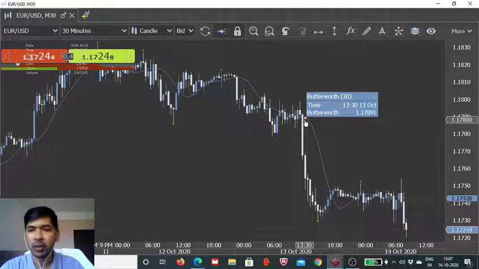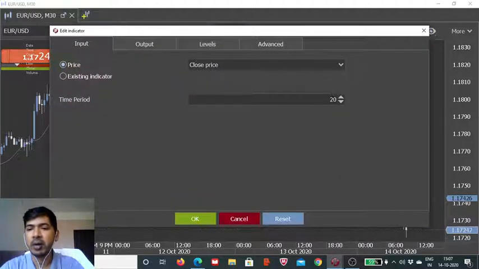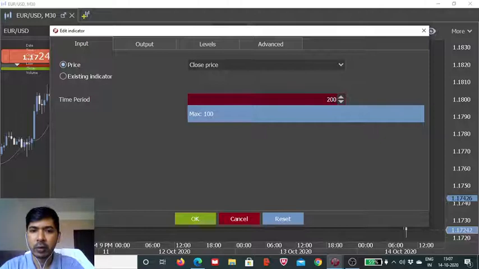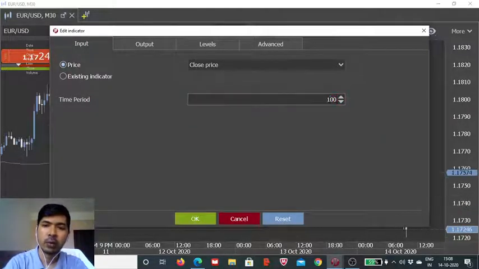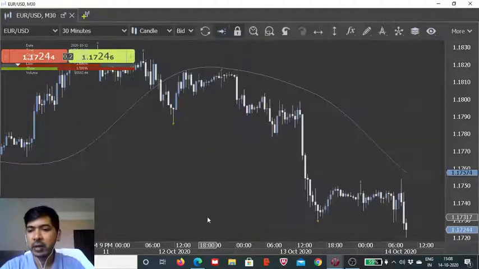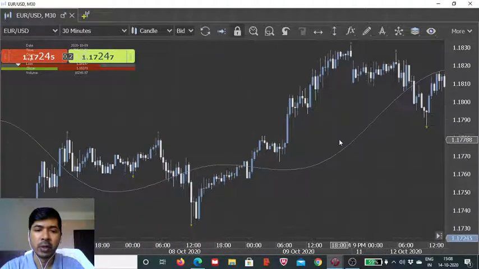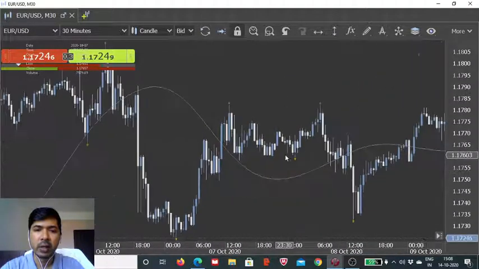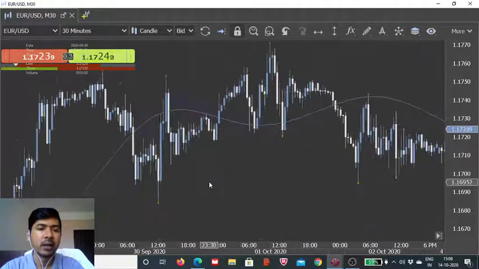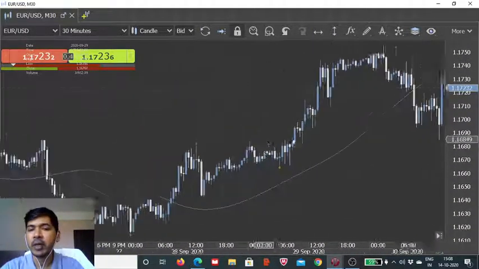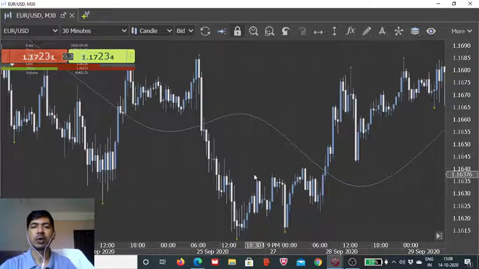If needed, you can make it even 200. All you have to do, okay, maximum is 100, so we can't go to 200 really, but we can make it 100, and then you will have a lot more smoothing in your plotting. So this is how the 100-period calculation for the Euro USD of 30 minutes each will look.